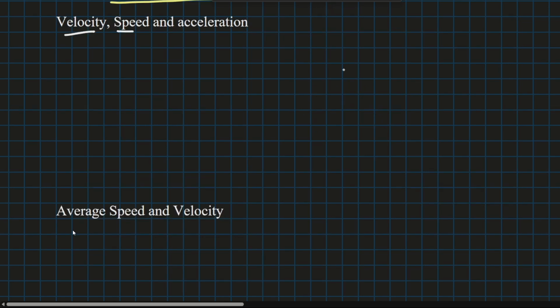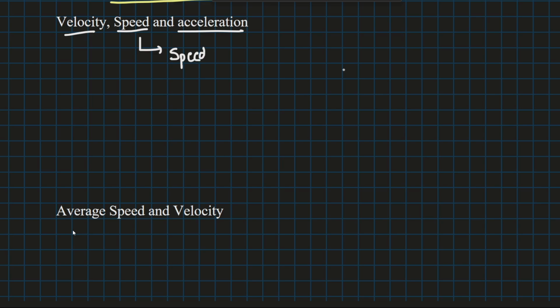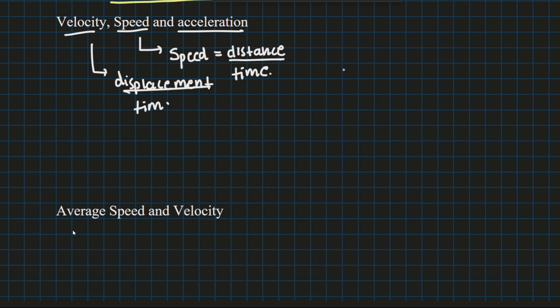What is speed, velocity, and acceleration? Speed is the distance covered upon the time it takes to cover that distance, while velocity is the displacement covered upon the time it takes to cover that displacement.